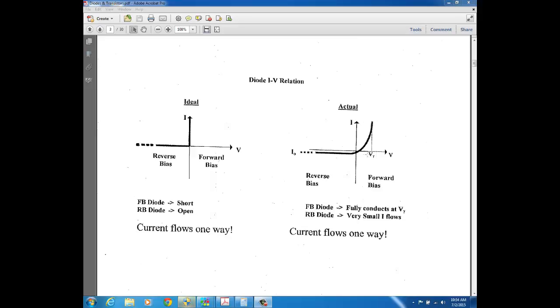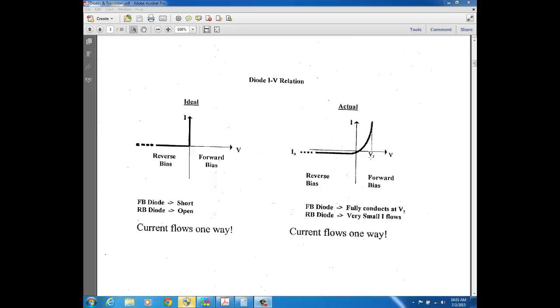The big difference is right here on the forward bias side, this V gamma, that's the forward bias voltage. That's the voltage that's dropped across the diode to overcome that barrier at the junction that we talked about last video. And you see in between a small amount of forward bias voltage and this V gamma, which is the forward bias voltage of the diode, this is also called the turn-on voltage.